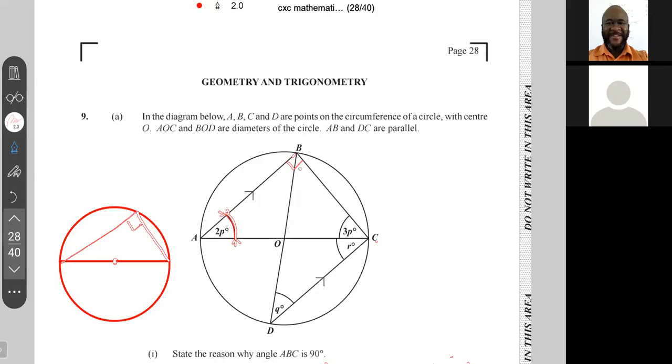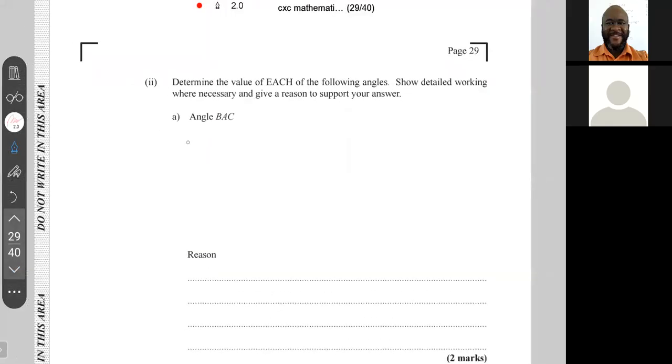Well, remember, we just saw that this angle here is 90. So triangle ABC is a right angle triangle, and the angles in a triangle add up to 180 degrees. So it is 2P plus 3P plus 90 that is equal to 180 degrees.